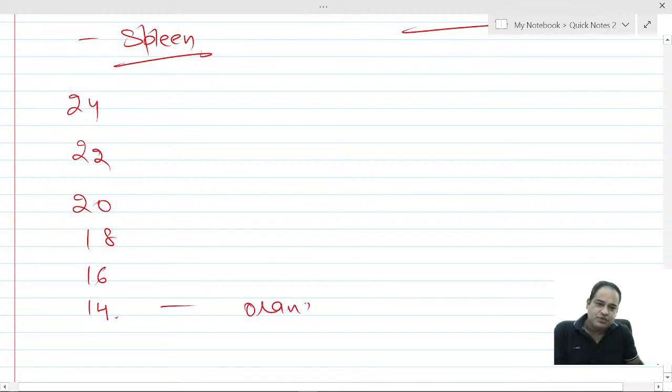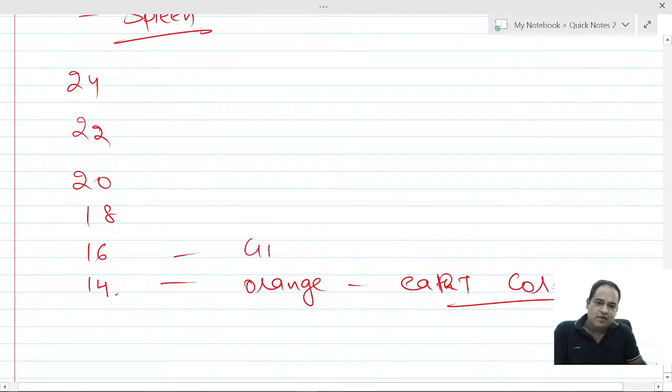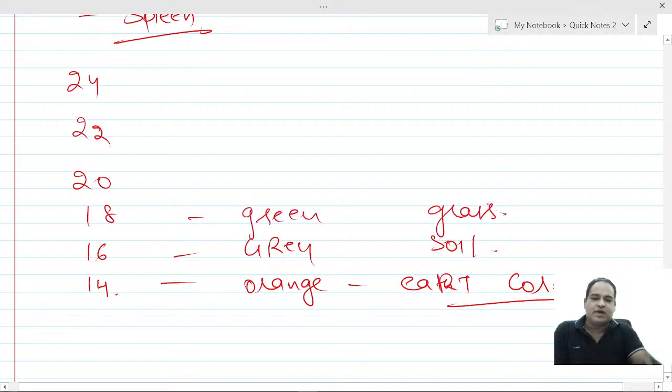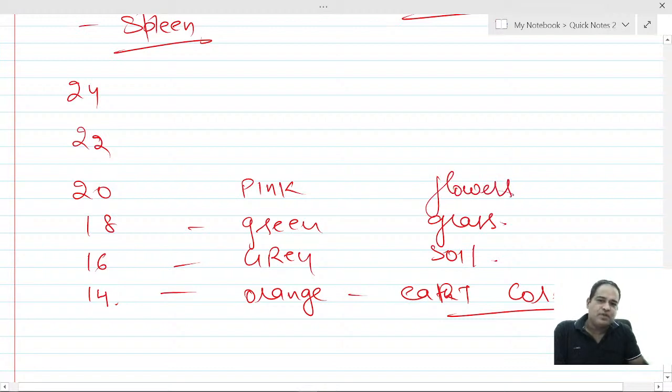So orange, the earth core is orange. Gray, the soil. Green, the grass is green. And 20, pink, the flowers.